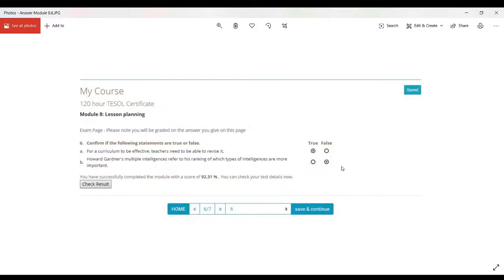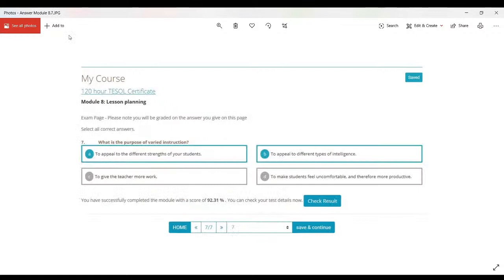Okay, naalala nyo yung varied techniques. Kailangan, ano? Okay, save and continue. What is the purpose of varied instruction? Okay, letter A, to appeal to the different strengths of your students, and letter B, to appeal to different types of intelligence. Alright.